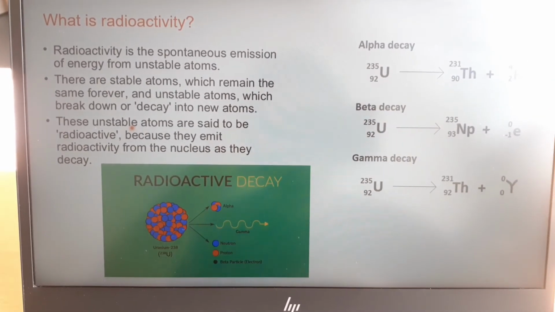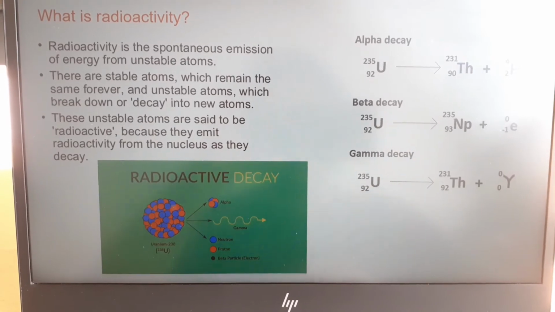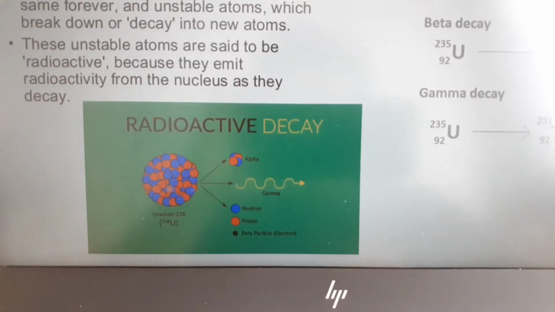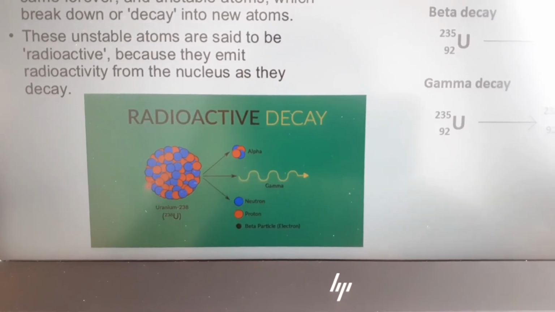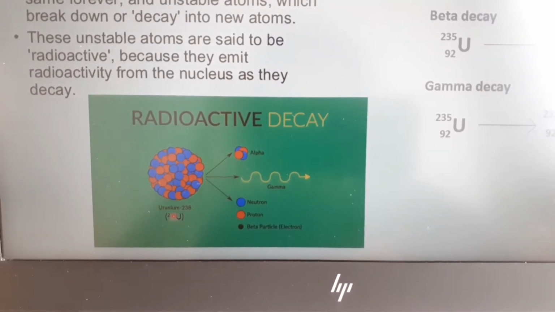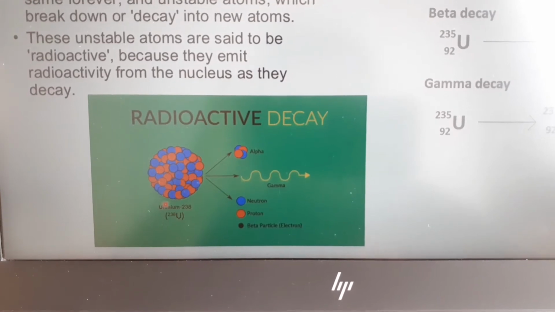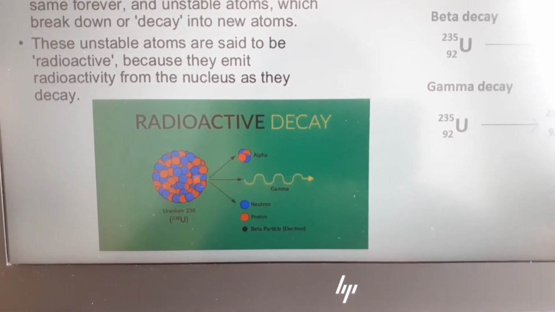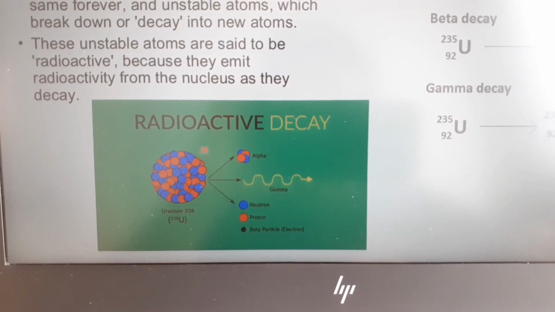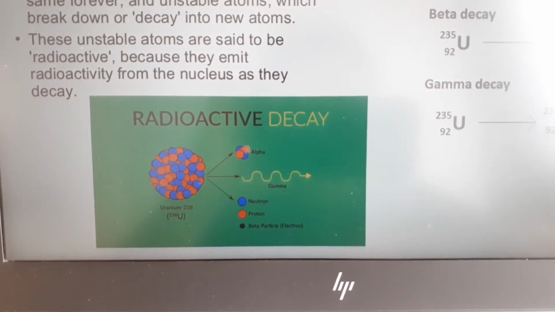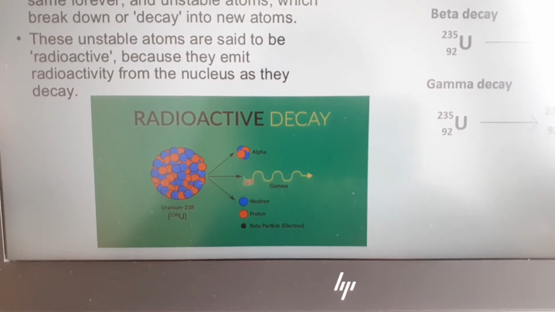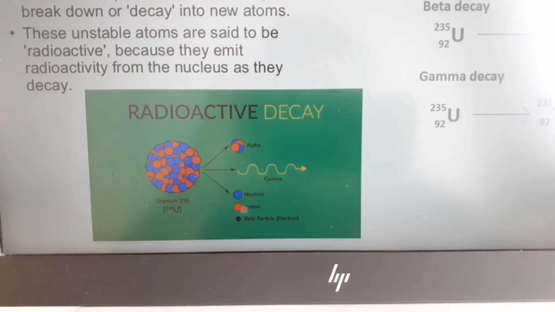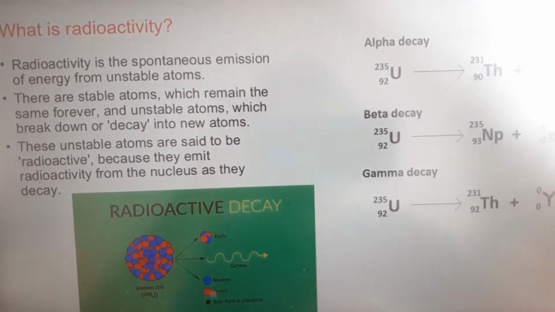So here I have shown a pictorial representation, and you can see that radioactive decay is happening in uranium-238. When uranium-238 becomes unstable, it forms alpha particles, and it also emits gamma radiation, neutrons, protons, and other kinds of particles, right?